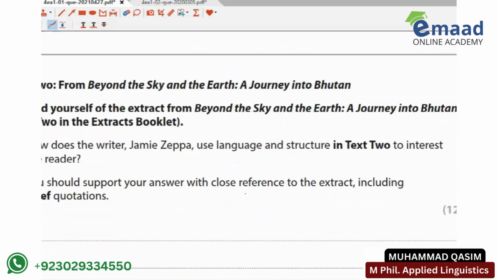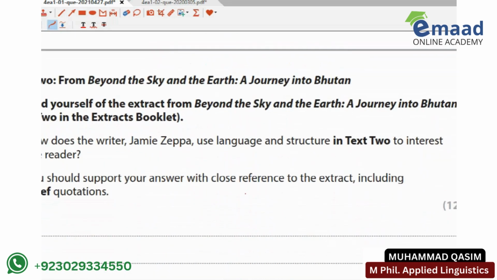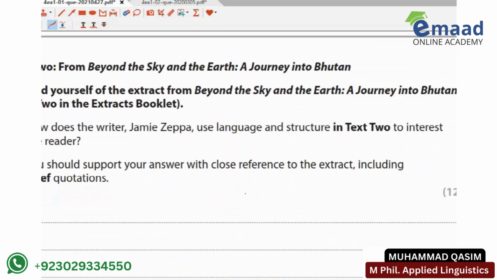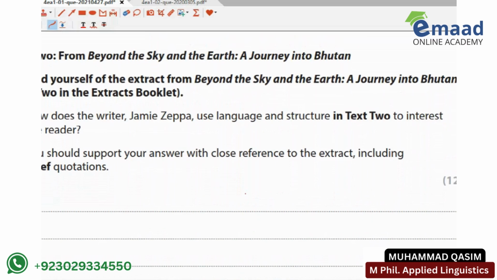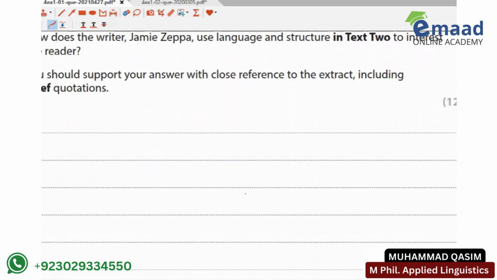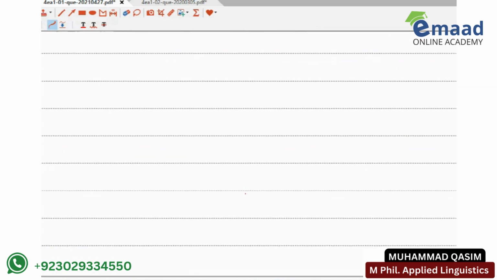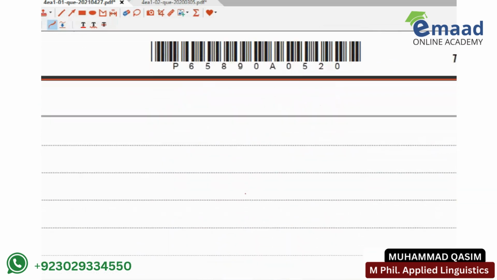After this you have 2 long questions. The first one is on the writer's use of language: how the writer uses language and structure in Text 2 to interest the reader. Support your answer with close reference to the extract, including brief quotations. You can add quotations from the text. 12 marks are there for this task.